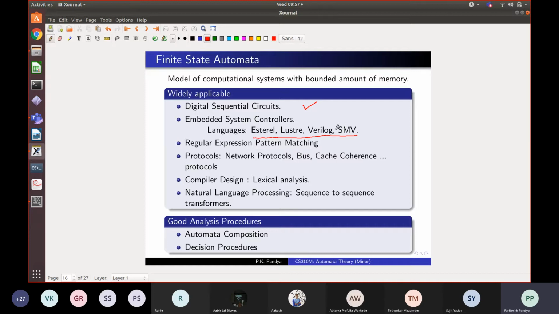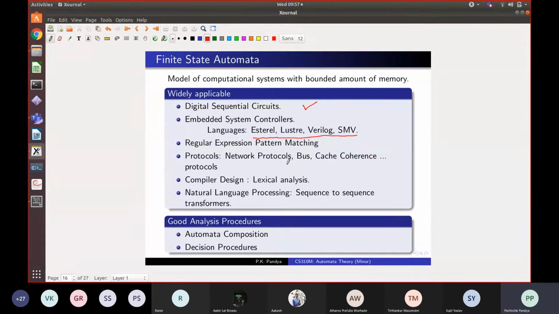But each of these languages is just a very high level, very sophisticated language to build very large automata with billions of states. So you can program very complicated automata using these languages, but ultimately what it builds is a finite state automaton. Similarly, automata are used in regular pattern matching, which is available in most programming languages. We will see examples of that.